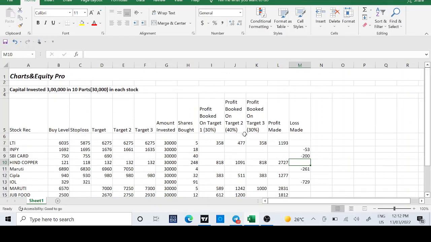just for the sake of keeping the number of calls very low. We have taken a capital structure of 3 lakh and divided it into 10 parts, and we have covered the calls we have given on the pro group for our pro members.